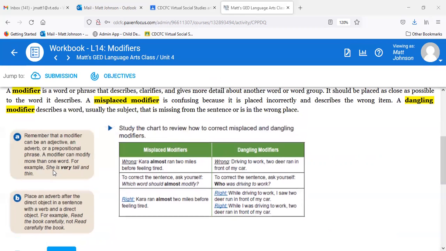And in our box over here, remember that a modifier can be an adjective, an adverb, or a prepositional phrase. A modifier can modify more than one word. For example, she is very tall and thin. So the modifier very is modifying both tall and thin.